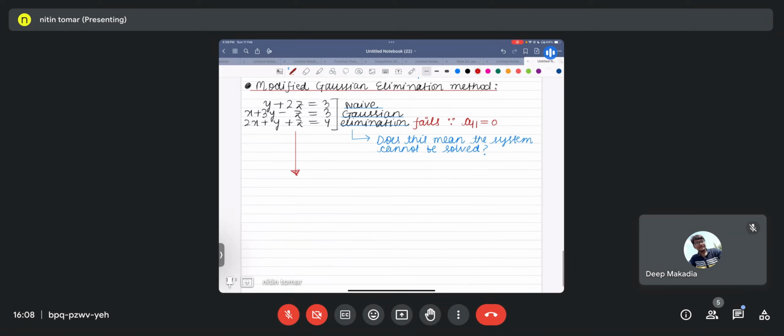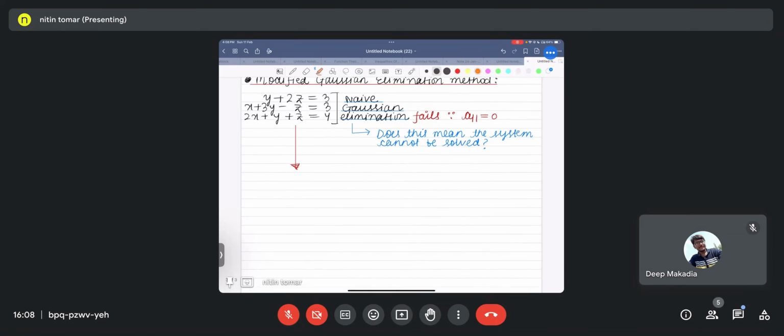So here you see you have two A11s which are non-zero. But which row to choose? You choose the row where the modulus is greatest, which means 2 is greater than 1, right? So you just interchange these two rows and keep everything as it is.